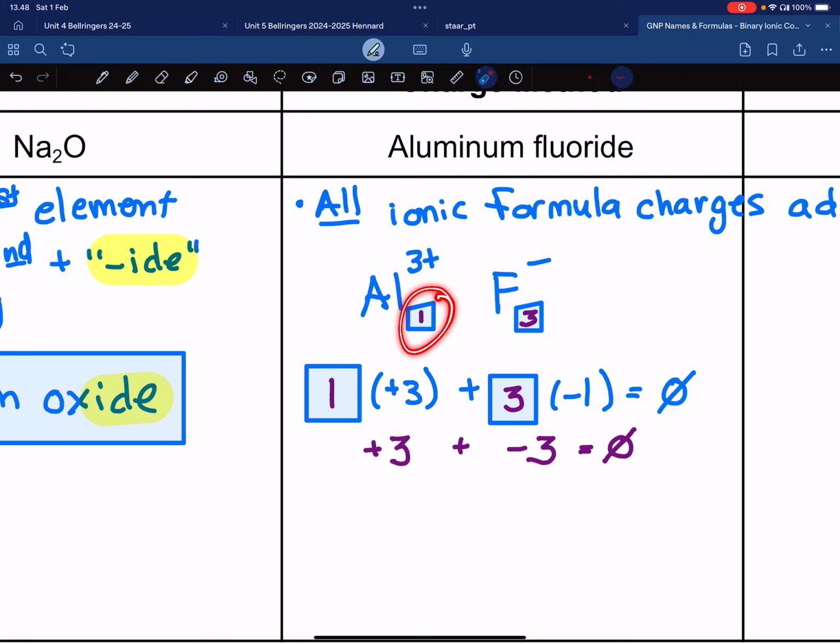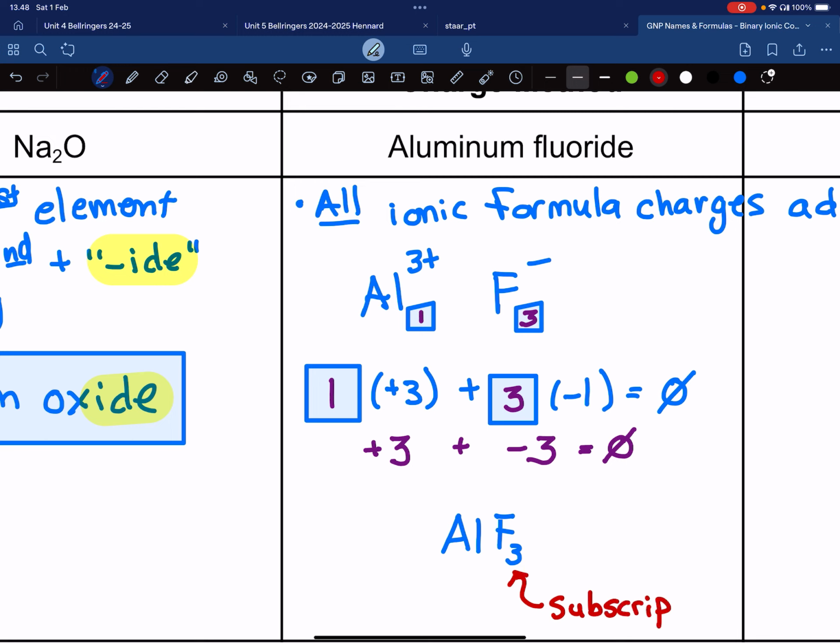Now we do not write the 1s in chemistry, so our final formula will be AlF3. That right there is my subscript, the subscript 3. And this is a superscript. The superscript is always used for charges, subscript for numbers of atoms.